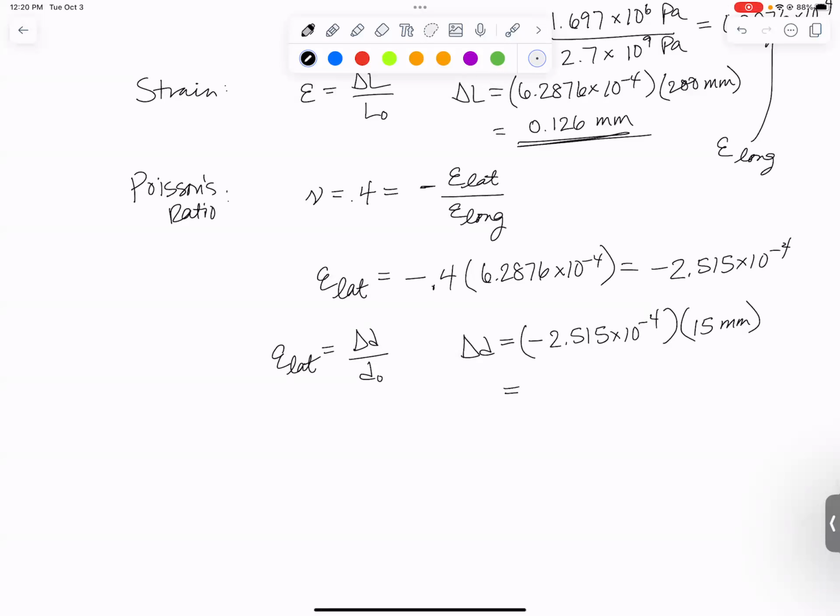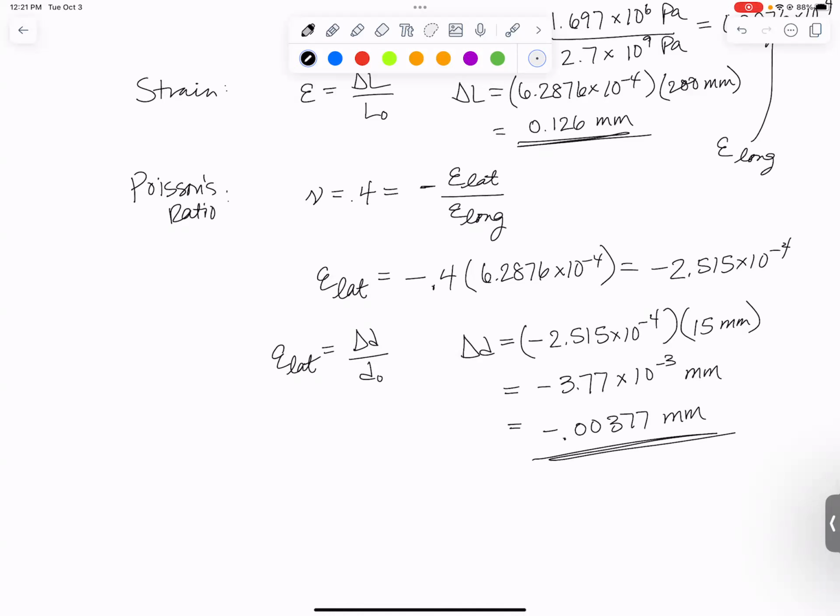So this is going to be a tiny number. It is minus 3.77 times 10 to the minus third millimeters, or if you prefer to write it as minus 0.00377 millimeters to see how tiny it is. Either one will work.